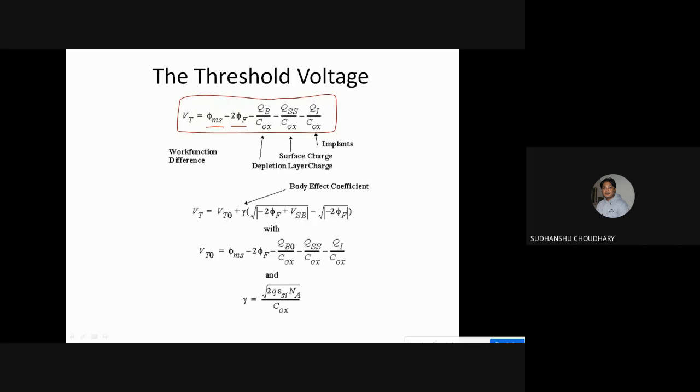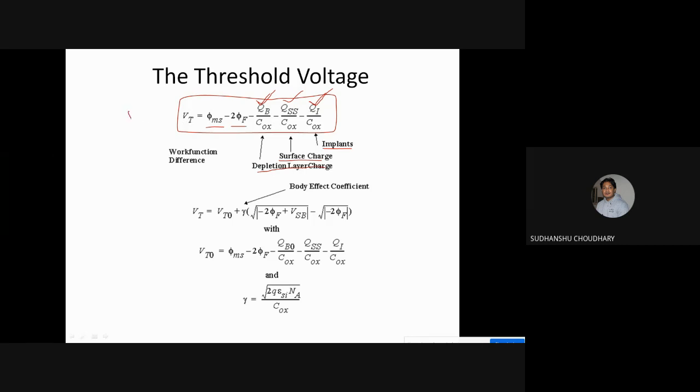Then the bulk charges and inversion charges, the surface charges, the charges due to ion implantation, and the depletion layer charges. All have to be considered while calculating the threshold voltage of the MOSFET.